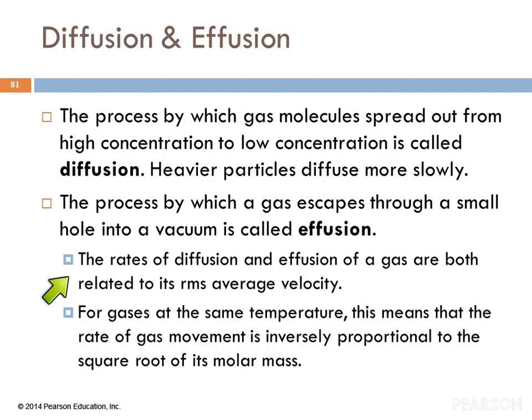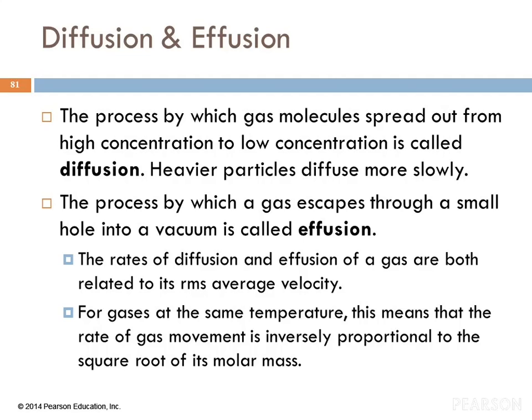Both of these, the rates of diffusion and effusion, are related to that root mean square average velocity. And what this tells us is that for gases at the same temperature, the rate of gas movement is inversely proportional to the square root of its molar mass.